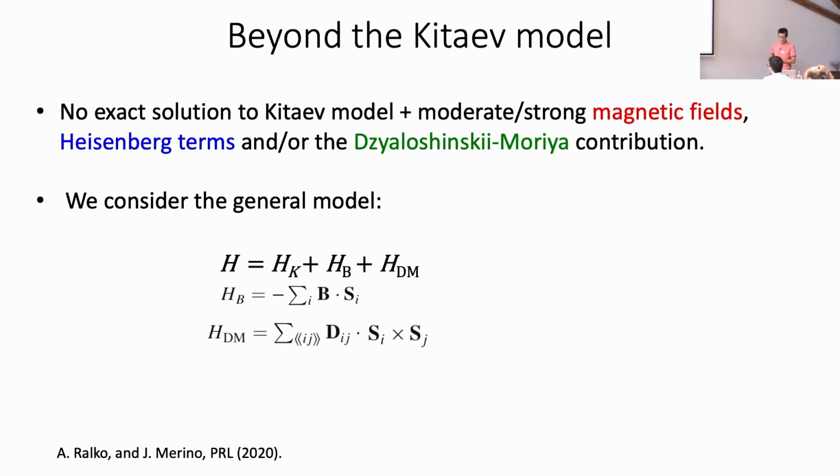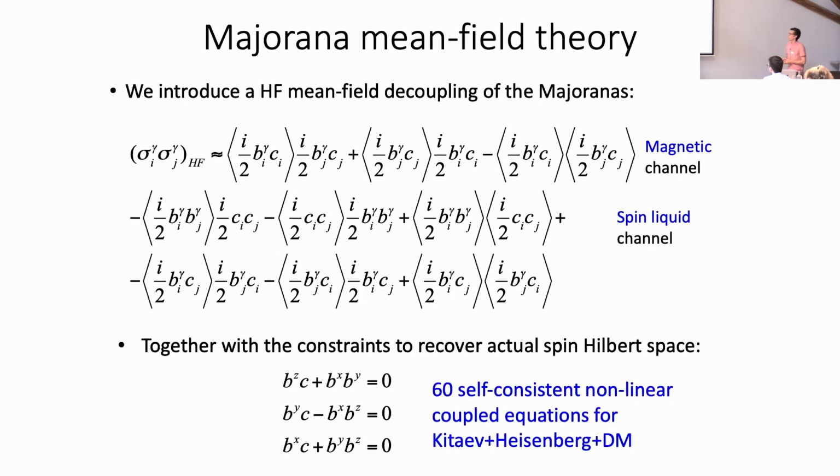interaction, and just to see what one can find from this, no? And essentially, the first thing one could do is a decoupling of the spins, and this decoupling is performed on the Majoranas, right? So it's a sort of Majorana mean-field theory that we have been implementing.